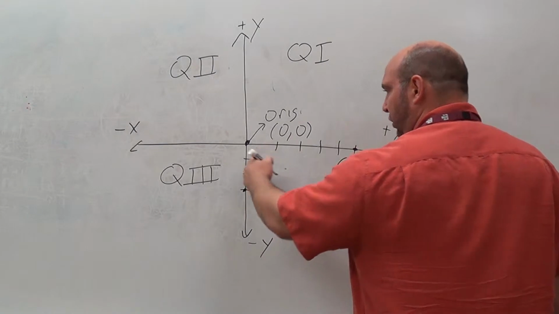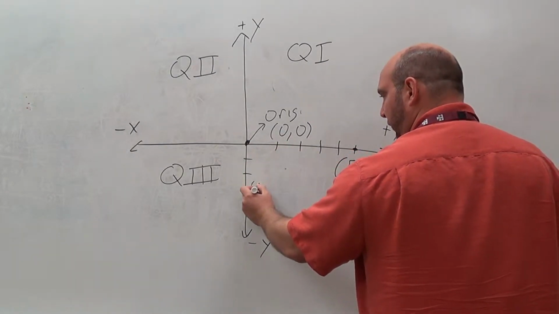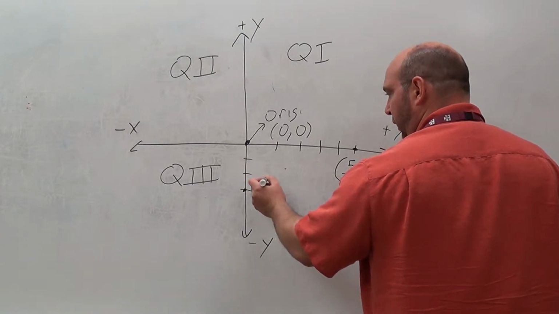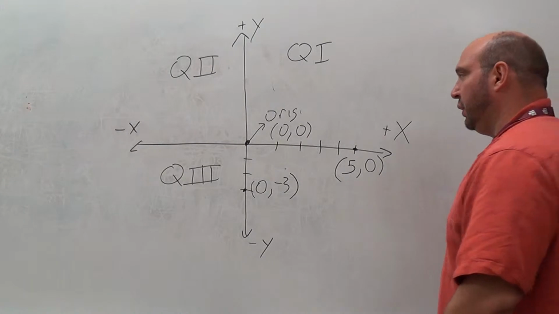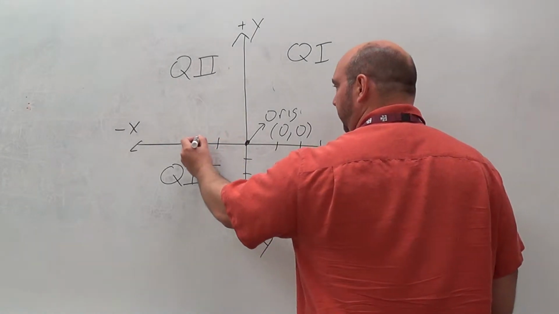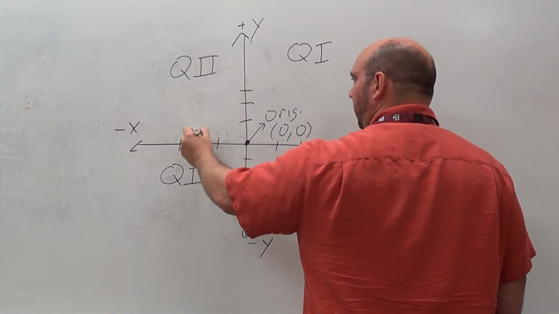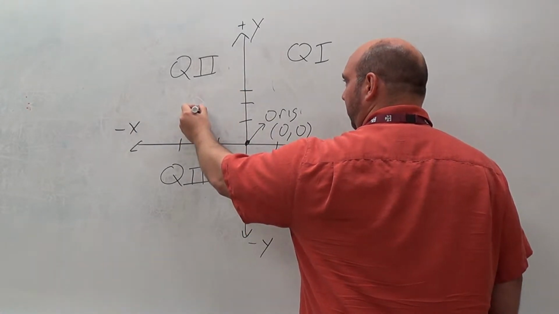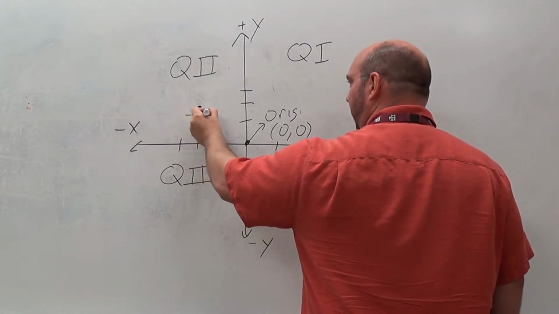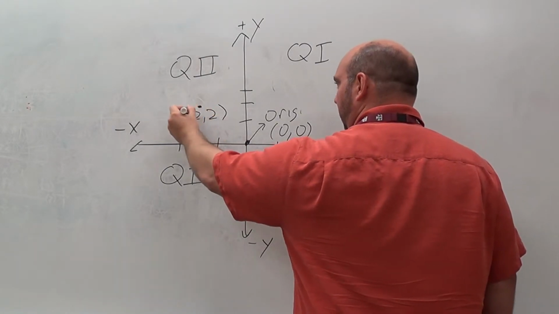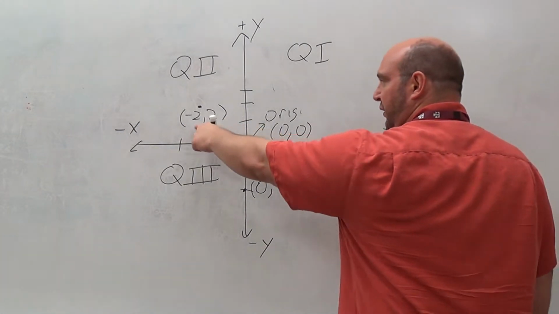Notice my x doesn't change from the origin, so I've got a 0 and a negative 3, just like that. All right? 1, 2, 3, 1, 2, 3. In this case right here, my x is a negative 2, and my y is a positive 2. And this is what we're expecting. Remember, negative x, positive y.